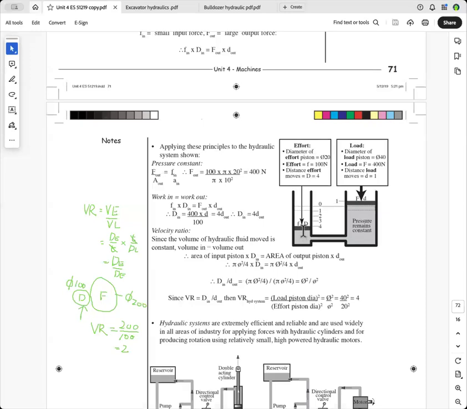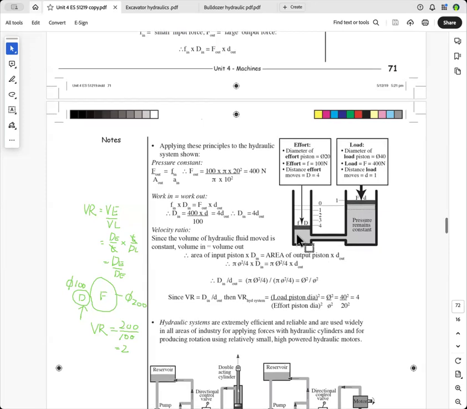But the volume of the fluid that actually is transposed from here to over here will be equal pi. This is on the input side, so it'll be pi d squared on 4. Remember, pi d squared on 4 is the same as pi r squared. It's the area multiplied by the distance. So you have this input piston moving a certain volume of fluid, and that fluid goes over and takes the place over here.